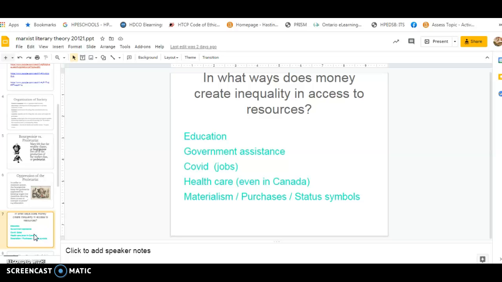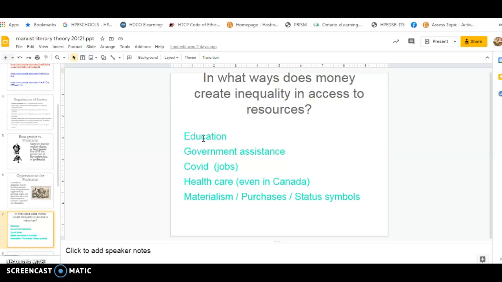So what we did in the Google Meet, and unfortunately we didn't have an opportunity to do this as a whole class, but it would be really important to look at, is in these areas, in what ways, for those who come from a lower income bracket, what disadvantages do they have?